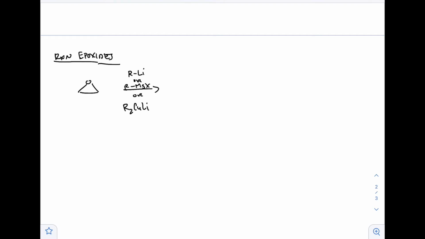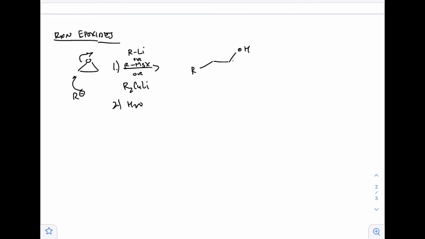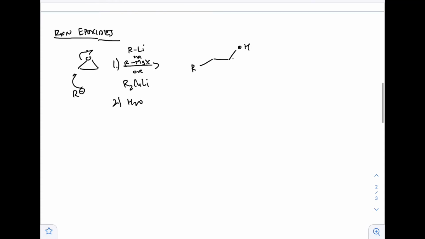And so if we've got an organometallic reagent, then we can open up that ring. R minus is what we're getting from those lithium or Grignard or cuprates, and so that's our good nucleophile. That's going to attack and open up that ring. Okay. Of course, the water protonates it to make that alcohol.